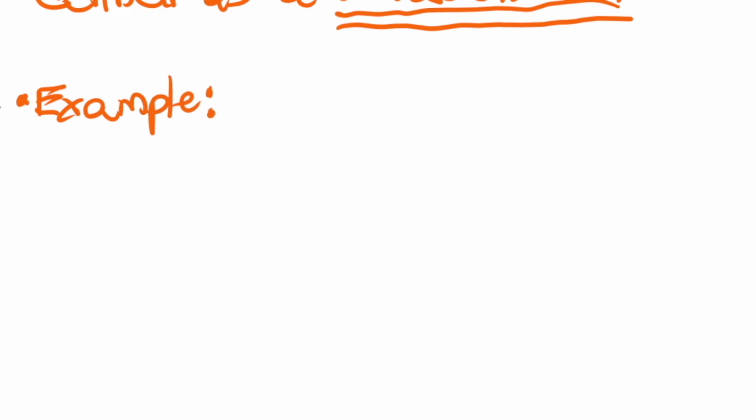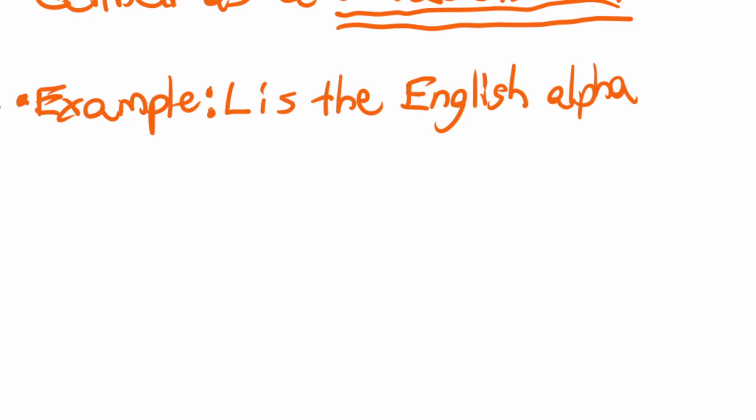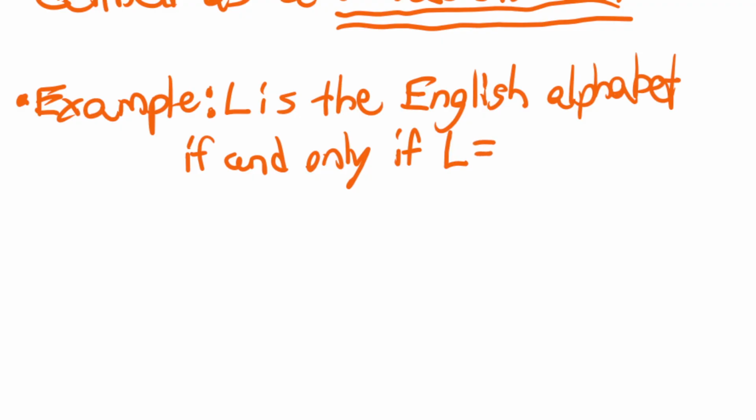So we're given the statement L is the English alphabet if and only if L is equal to this set A, B, C, etc. up to Z. So basically it's understood that this is a set of the 26 letters of the English alphabet.